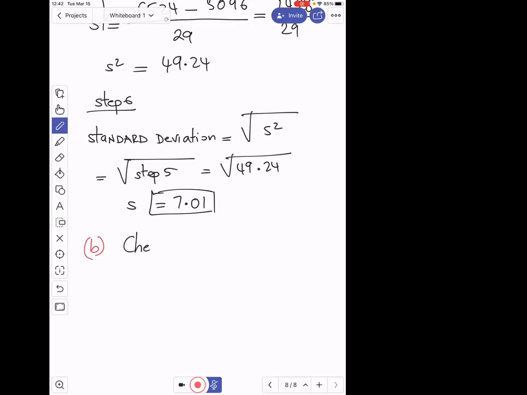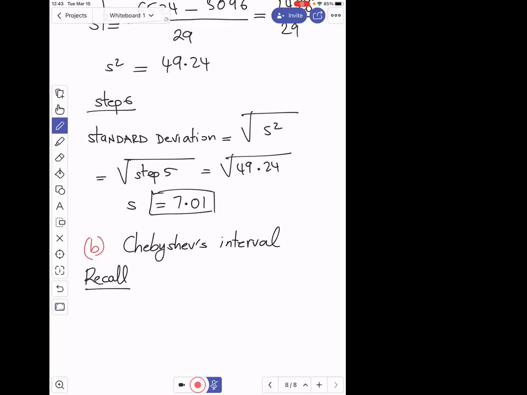Let me just remind you the formulas here for the Chebyshev's interval.